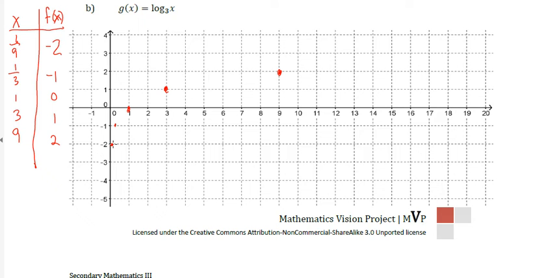Let's try that again, I didn't do a good job. Better. Okay, now, it's not actually flat. We're going to agree that it's not actually flat. And then our asymptote is right here at x equals 0. That's our asymptote.